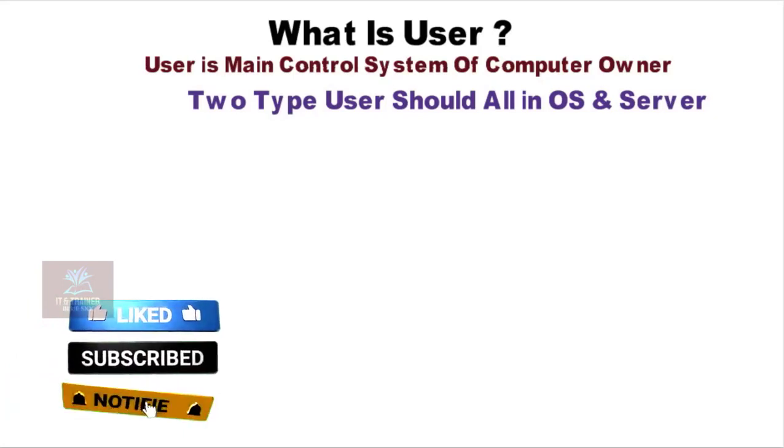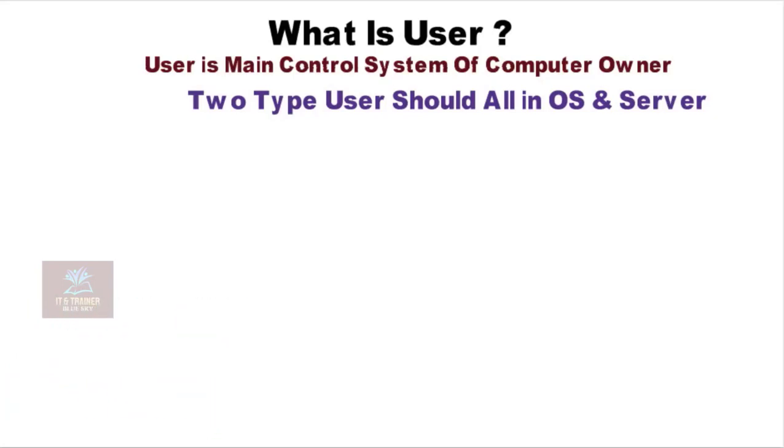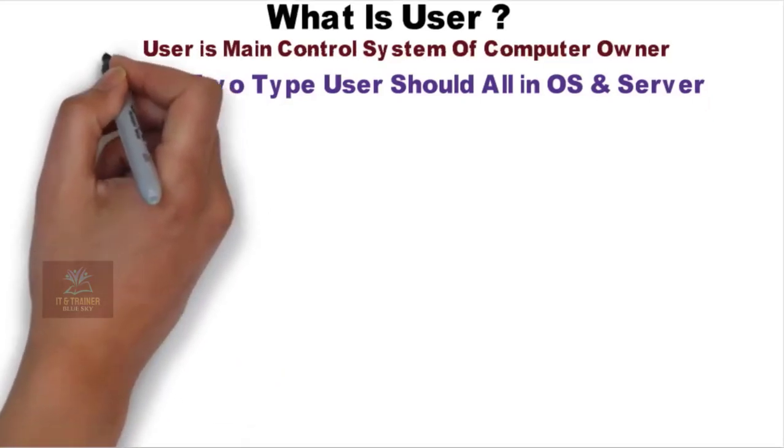Administrator means the main user of the computer, with full control and full access, and can change any system features and settings without needing permission. The second is the local user, who can only open files and folders but cannot change any important settings or system features. This is very important to understand.